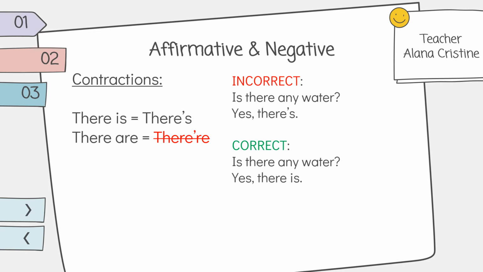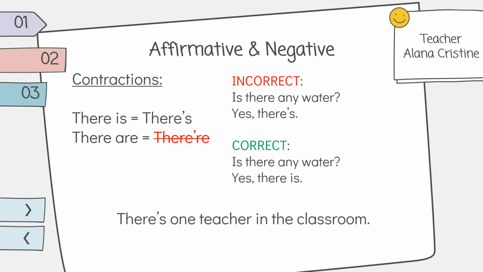Se eu quiser dizer, por exemplo, o mesmo exemplo de antes do boy, eu posso dizer there's a boy under the tree. There's a boy. Nesse caso eu posso falar. Mas se eu perguntar is there a boy under the tree? Então você tem que dizer yes, there is. Com as palavrinhas separadas e bem explicadas.